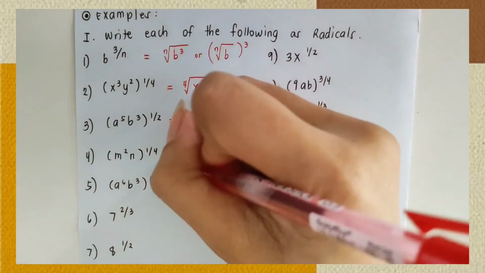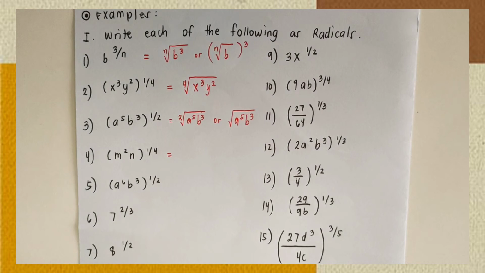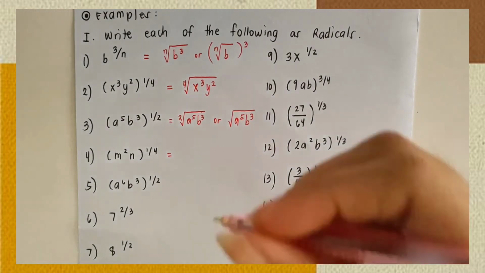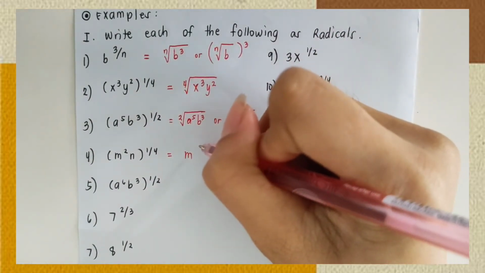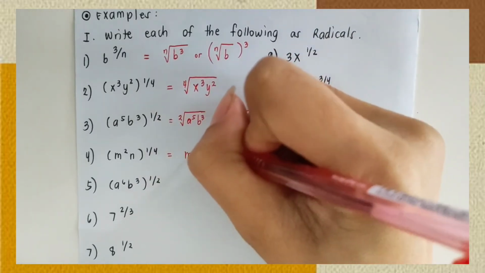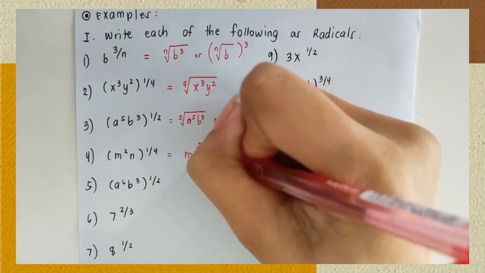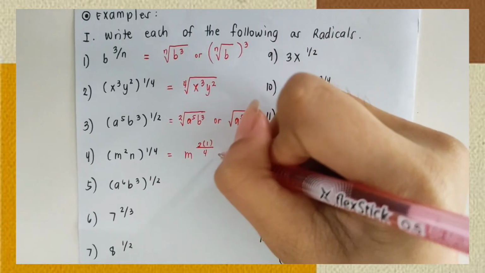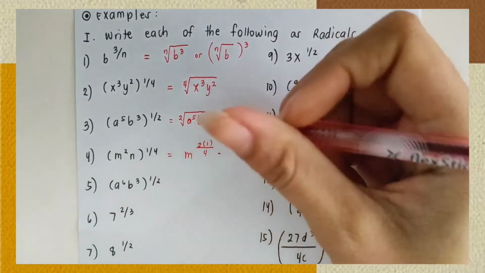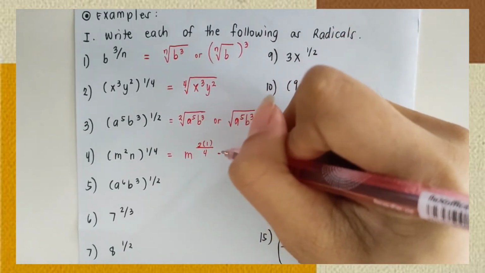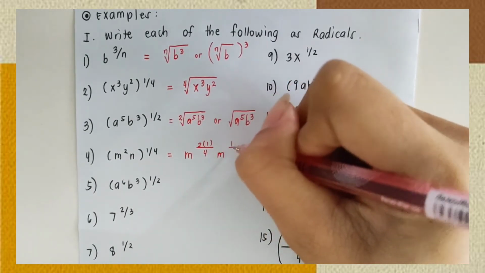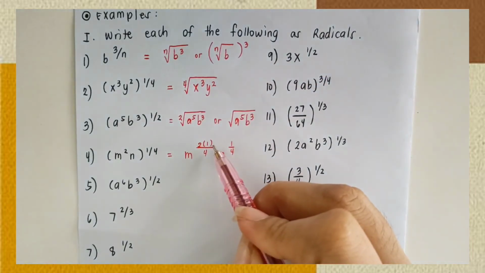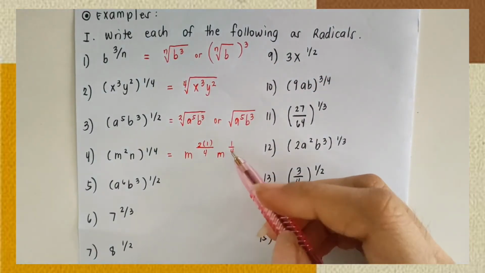Number 4, m squared n raised to 1/4. So you need to apply the laws of exponent here for number 4. m raised to 2 times 1 all over 4. So that will give us m raised to 1 over 4, because 2 times 1 is 2 divided by 4, that is 1/4.